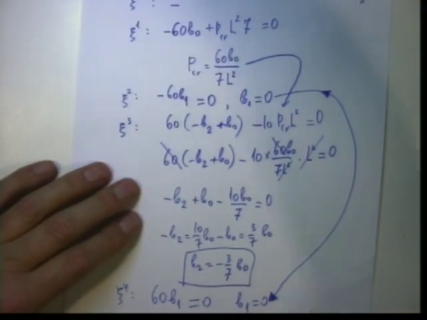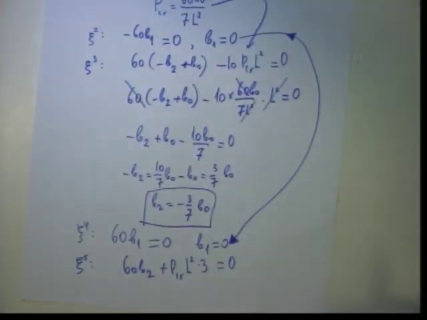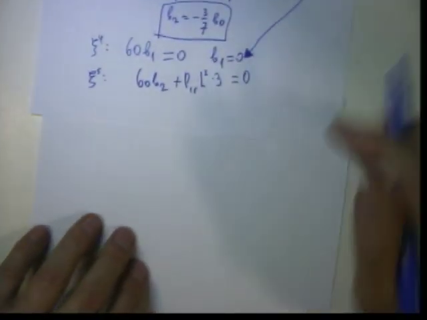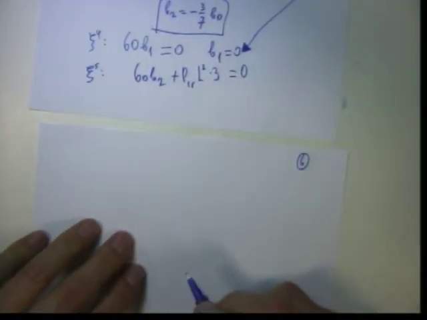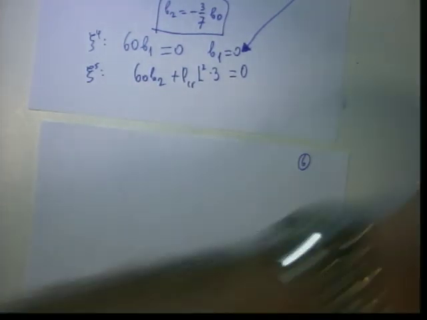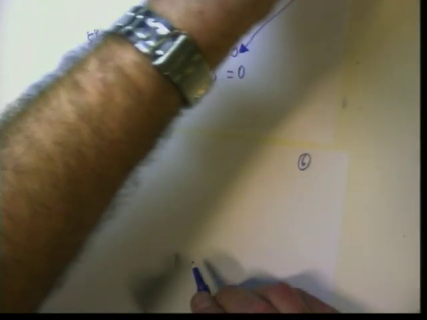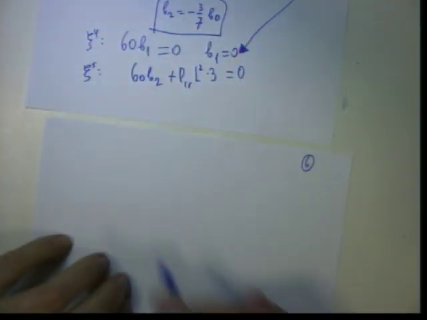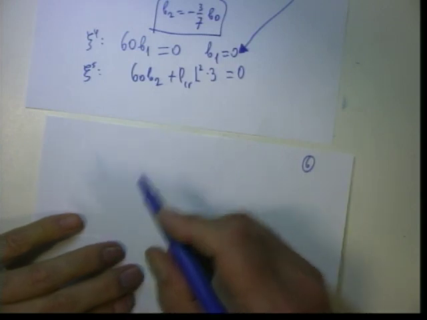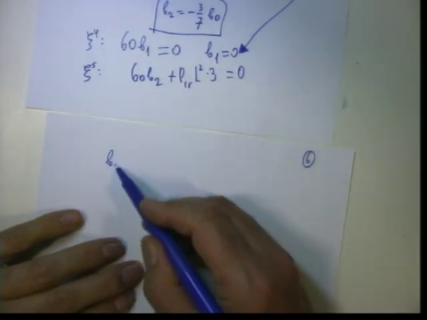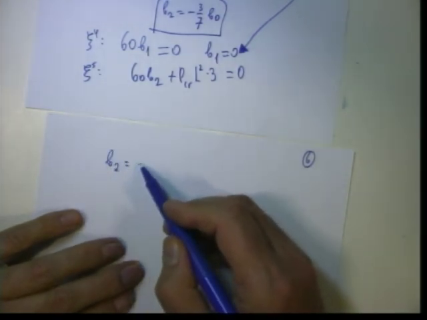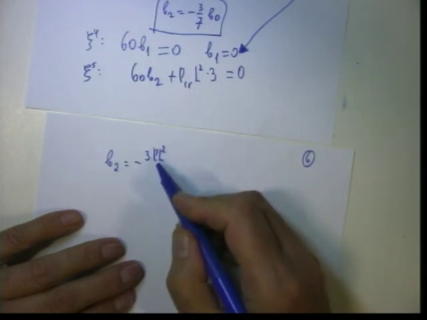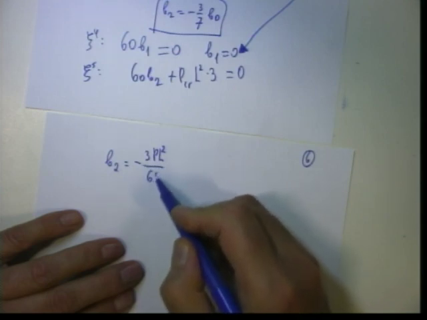So from here we get B2 equals minus 3 P L square divided by 60.